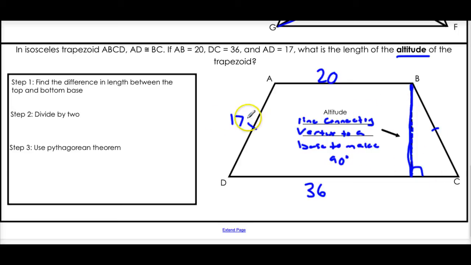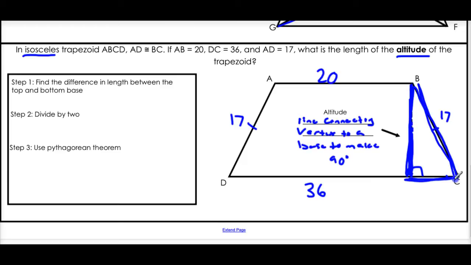Okay, well, let's see. I know these legs are congruent because this is an isosceles trapezoid. So let's put a 17 over here. And now I want to find out what this is. And here's what I'm noticing. Maybe I can make myself a right triangle over here, right? This, and this.